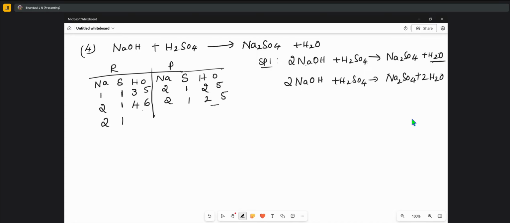Reactant side I have not changed anything. In the product it is 2 sodium, 1 sulfur, hydrogen 2 into 2 is 4. What about oxygen? 4 here and 2 there, 4 plus 2 is 6. It is balanced.